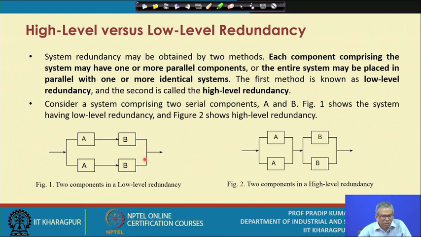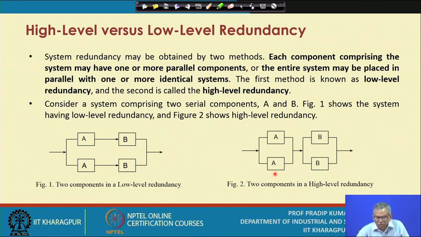In order to add redundancy, against component A you have added another identical component A, and against B you have added another component B, and you have the same series configuration. So this is with respect to the two components A and B, the low level redundancy, that means within the system.